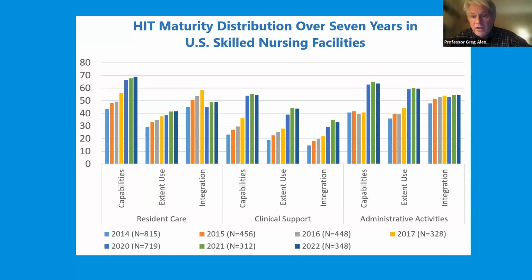What's really nice about this graph is that in the second national study that we did, where we trended this digital maturity over 3 years, which are the last three green and teal bars, you'll see that in the clinical support section, in all three areas of capabilities, extent of use, and degree of integration, there was a significant increase in the capabilities, the use of technology, and how well it was integrated.